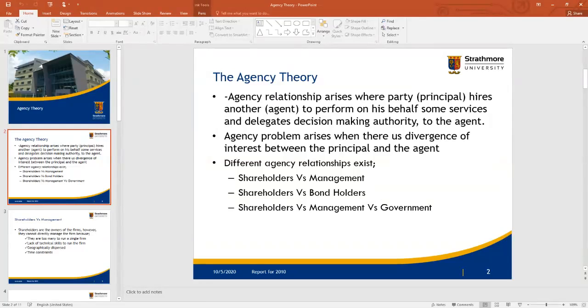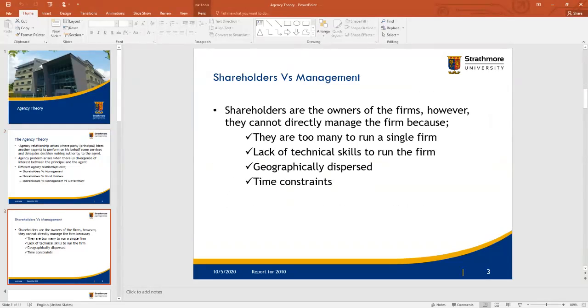Now, don't forget, at the end of the day, if it were possible to have a case where you are the owner of the business and you also manage your own business, that can be quite good. If you are the owner and the manager at the same time, it makes things a bit easier.